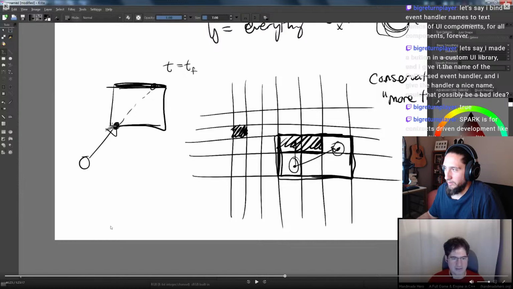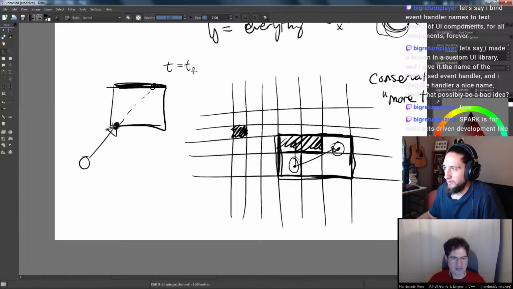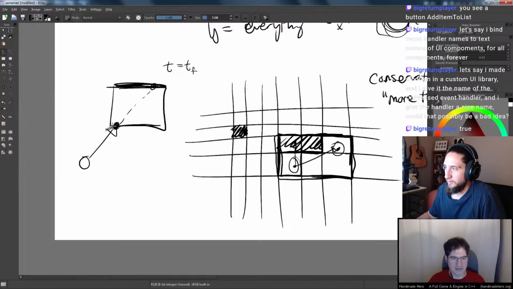Let's say I bind event handler names to text names of UI components. Okay. Honestly, it's hard to give any sort of feedback on that question without a more specific example.